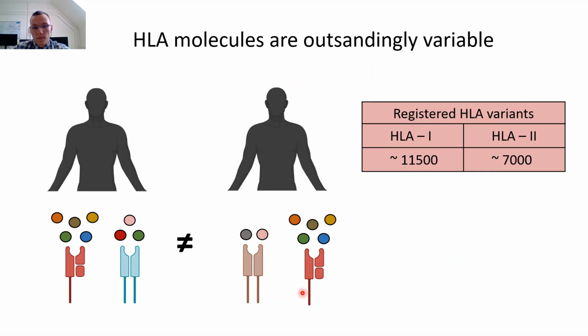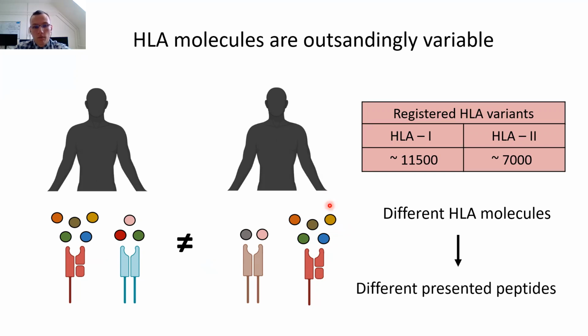These molecules differ in their peptide binding ability, which means that the HLA molecules of 2 individuals bind a different number of peptides. And this difference in the number of bound different peptides affects anti-tumor immunity too.